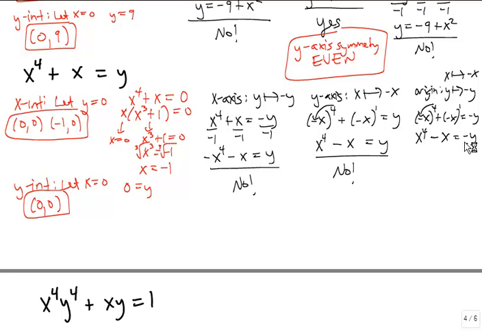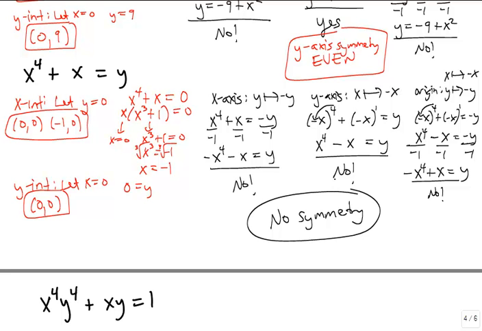To solve for y, divide through by a negative 1 everywhere. So this becomes a negative x to the fourth. Negative over negative becomes positive, and this stays positive y. Does that look like the original? Again, no, because we have that extra minus in front. So this does not have any symmetry at all, since none of our tests worked.